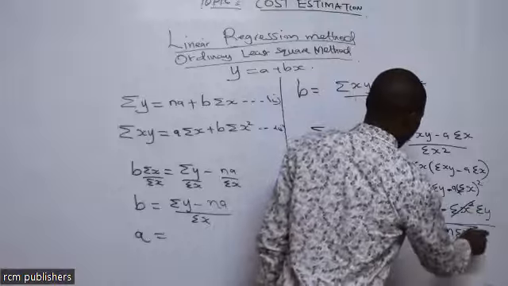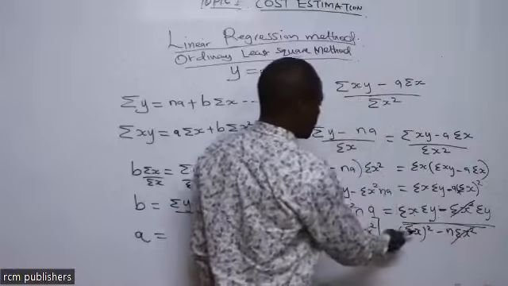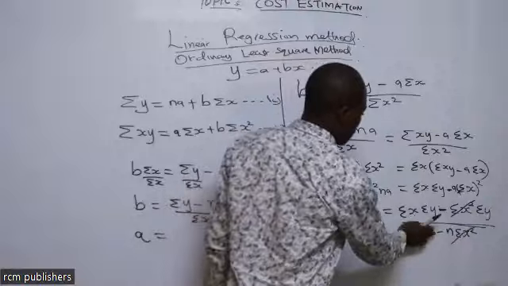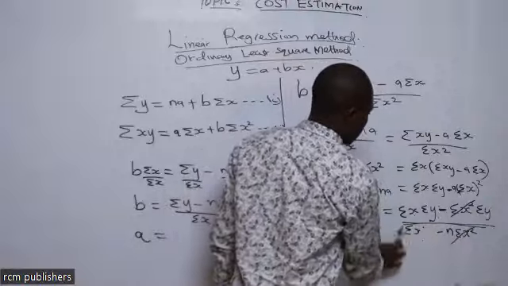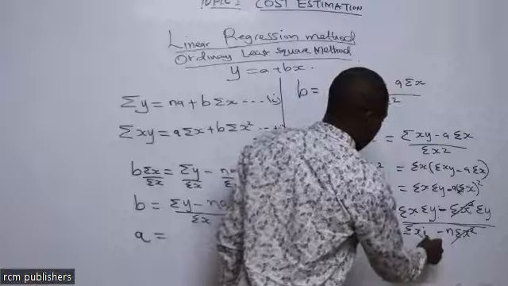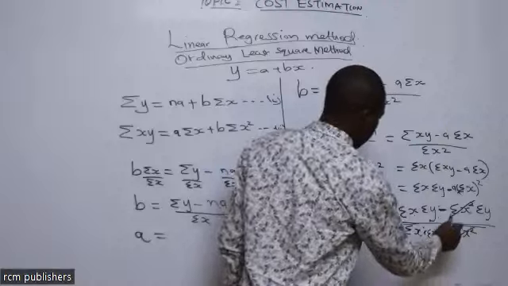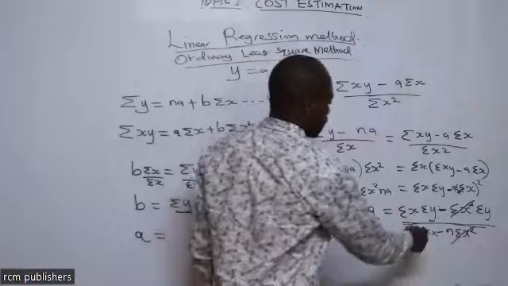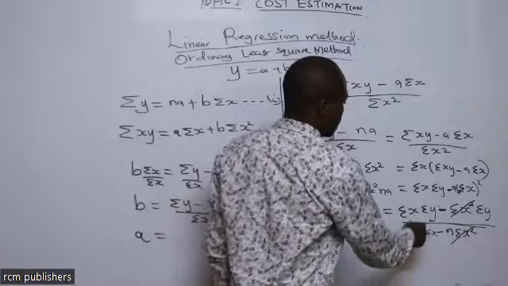Then we divide by summation of x squared. What is this? It is summation of x and then summation of x. So this one here eliminates this.